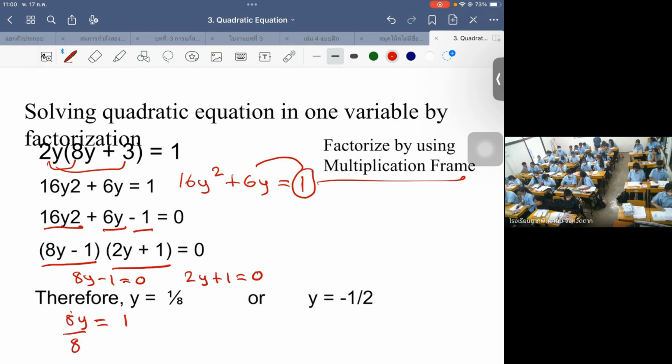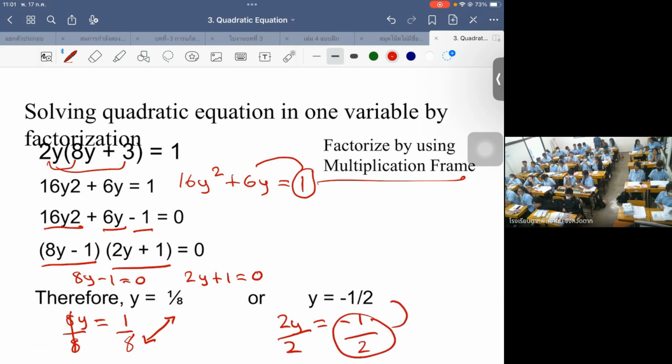Divide both sides by 8. So, the answer is 1/8. And next is 2y, transpose again. So, 2y is equal to -1. Divide both sides by 2. So, the answer is -1/2. Okay? Understood?